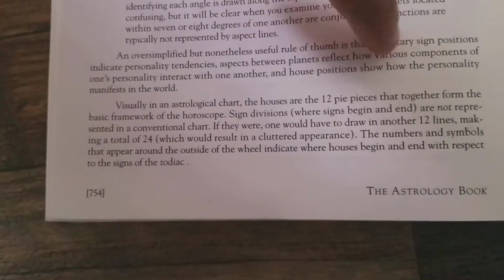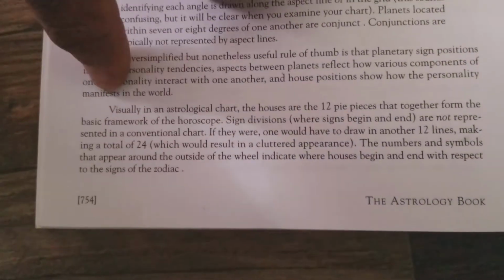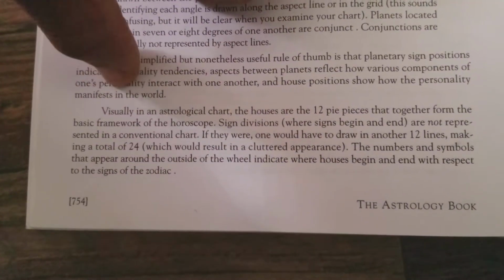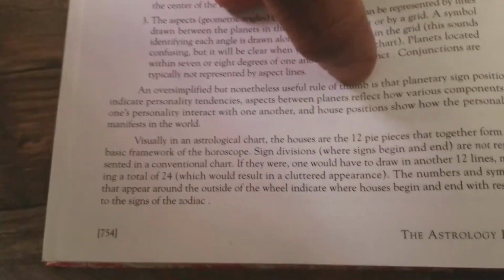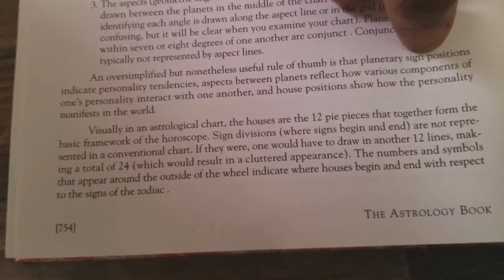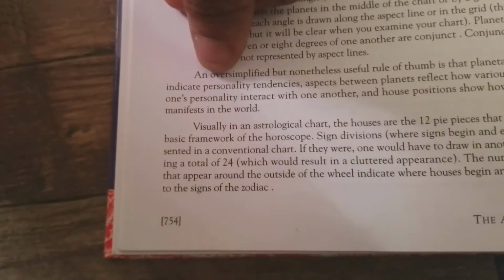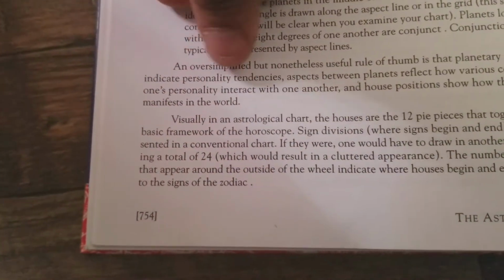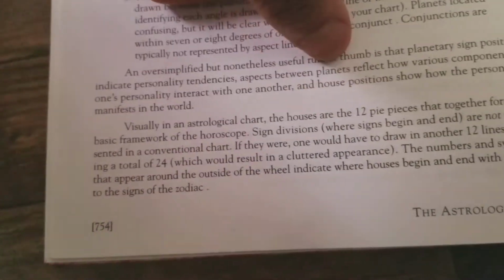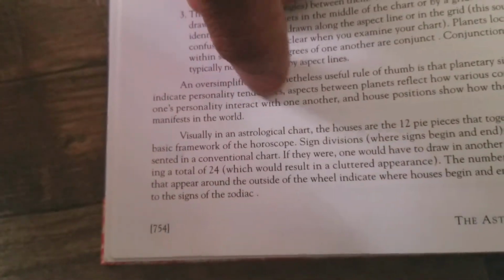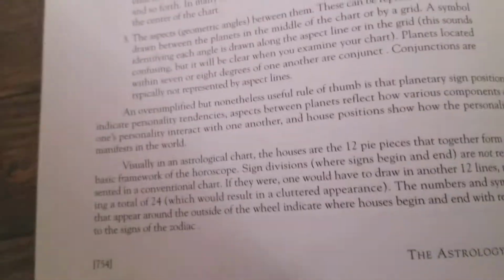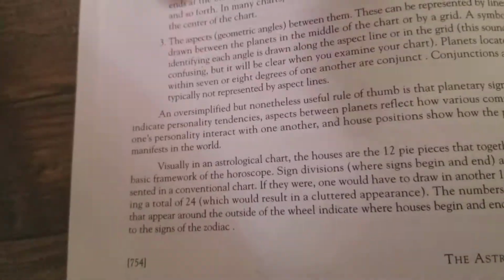The house positions show how the personality manifests in the world. So you see, oversimplified but useful, the rule of thumb is that planetary sign positions indicate personality tendencies. Aspects between planets reflect how various components of one's personality interact with each other. See, you got different minds in you. You know how you talk to yourself.